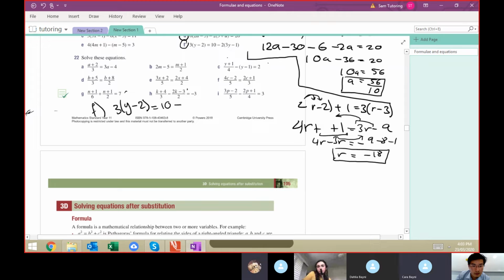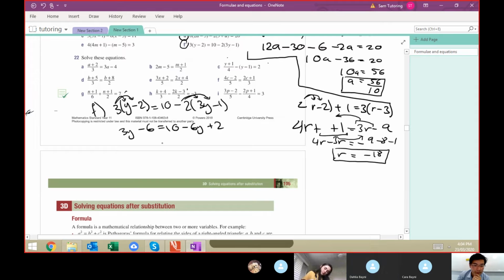Subtract 2 bracket 3y minus 1. Same thing, you bring the 3 in. Leave this 10 alone. You bring the negative 2 in. So you get 3y minus 6 is equivalent to 10 minus 6y plus 2. And just be careful with the negative here. This negative interacting with another negative gives off a positive value.